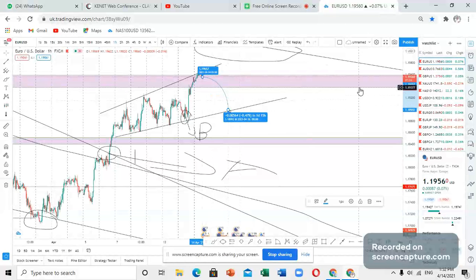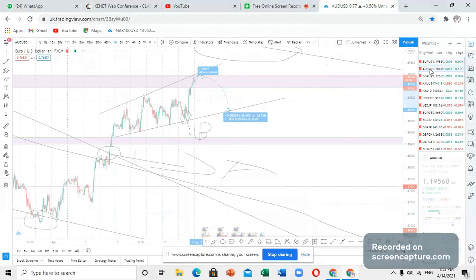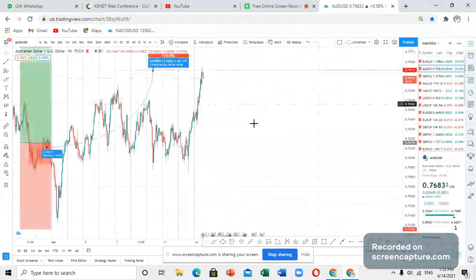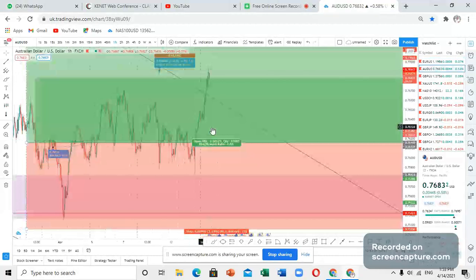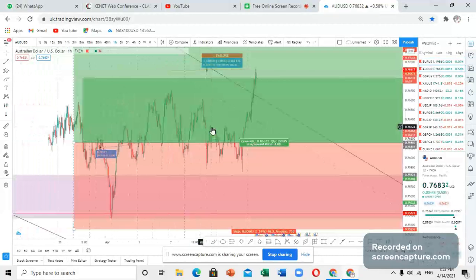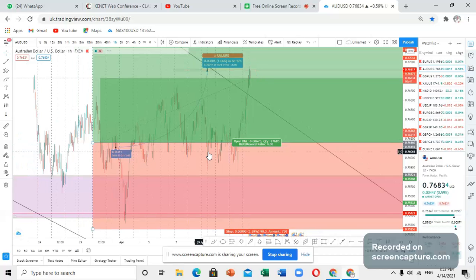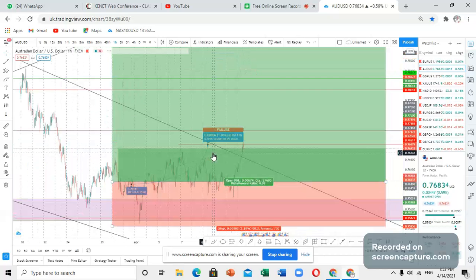The other pair that I would like to share with you is the AUD USD. On the AUD USD, yesterday after analyzing the charts together with you guys, I took a buy trade, just a short position.